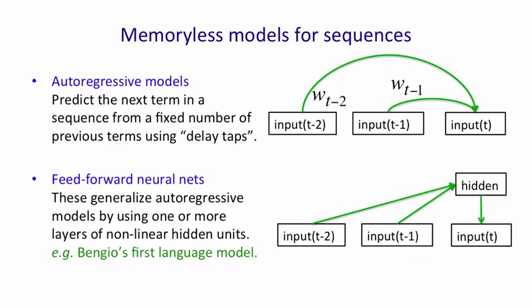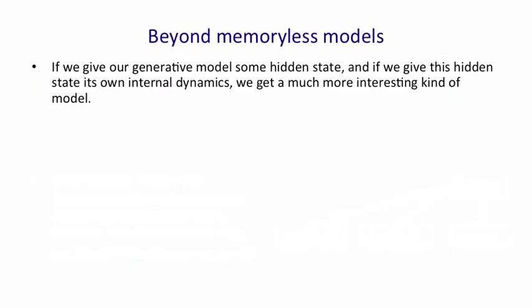We can make that considerably more complicated by adding hidden units. So in a feed-forward neural net, we might take some previous input terms, put them through some hidden units, and predict the next term. Memoryless models are only one subclass of models that can be used for sequences.